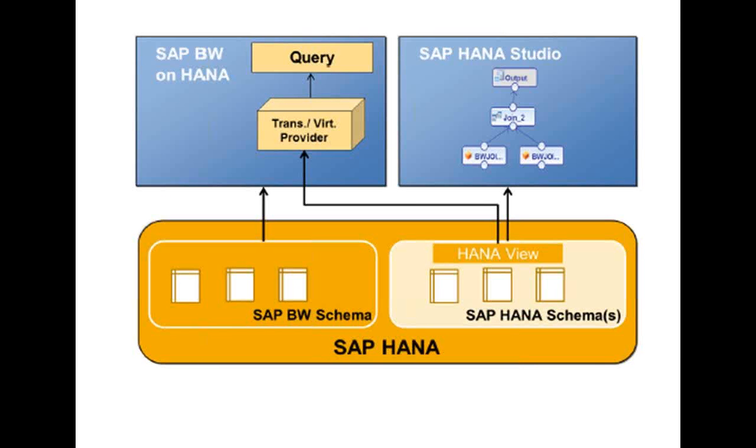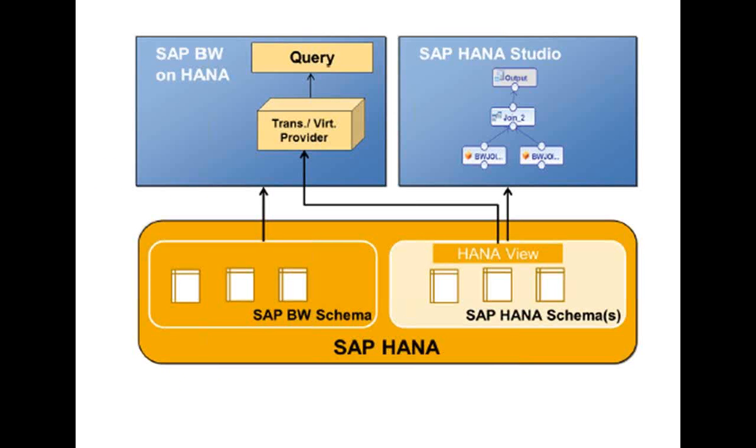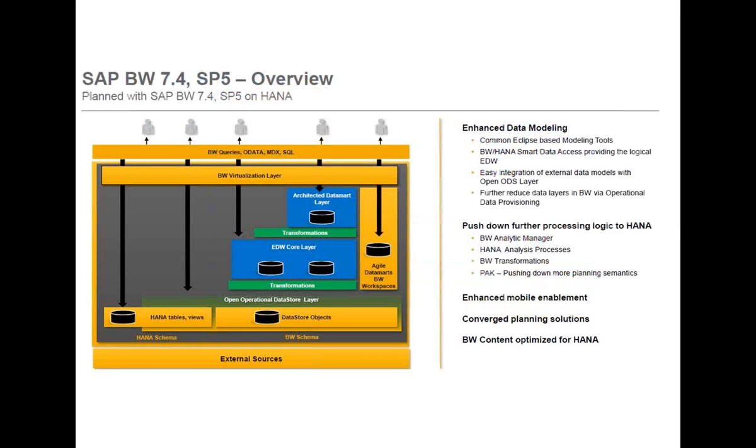So this is the consumption of the modeling, with respect to a composite provider, transient provider, virtual provider, and we will be discussing a new concept called DB Connect. Further, we will have a detailed overview of BW 7.4 on top of HANA with respect to the layers.